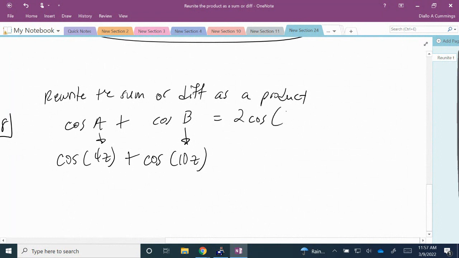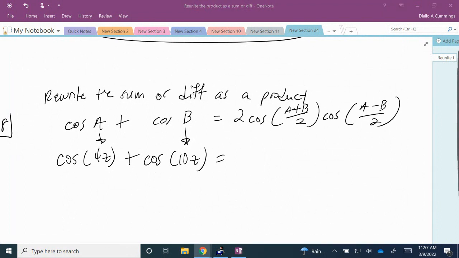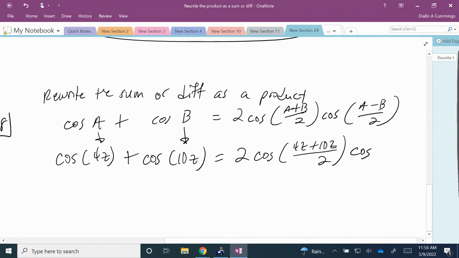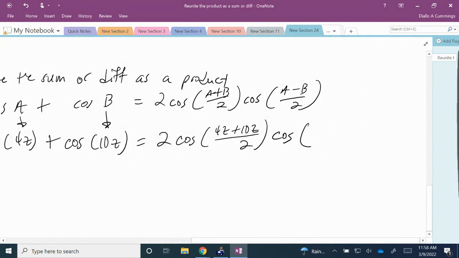Right, so that's 2 cosine A plus B over 2 times cosine A minus B over 2. So that's 2 times the cosine of A, which is 4z, plus B, which is 10z, over 2, times the cosine of A, which is 4z, minus B, which is 10z, over 2.